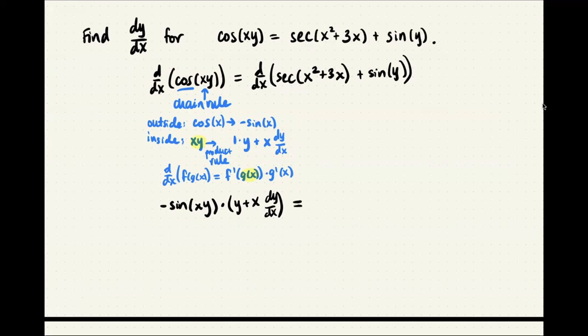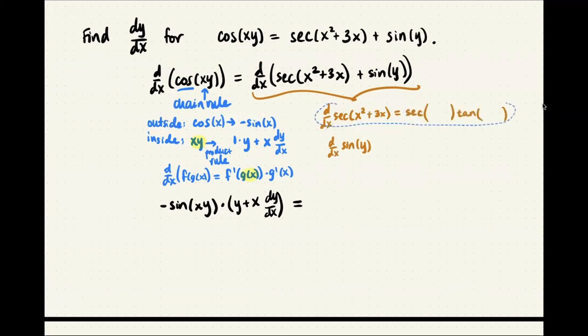I still need to differentiate the right-hand side. If we're going to compute this derivative, we need to compute the derivative of each term. So I need the derivative of secant(x squared plus 3x), and I need the derivative of sine y. For the first expression, I need to use the chain rule again. The outside function is secant, and the derivative of that is secant tangent.